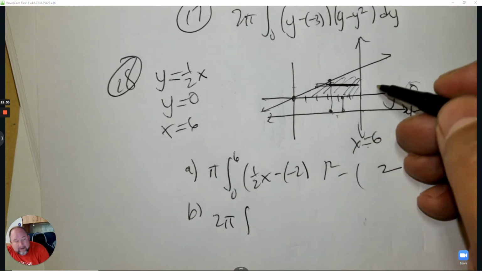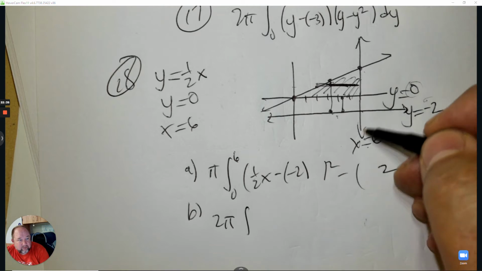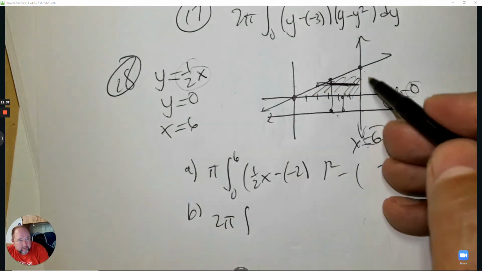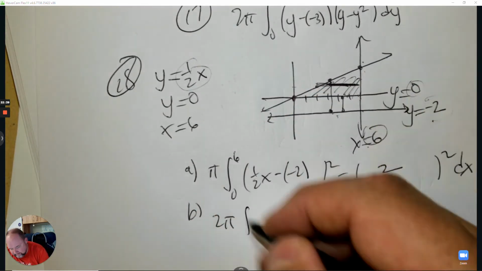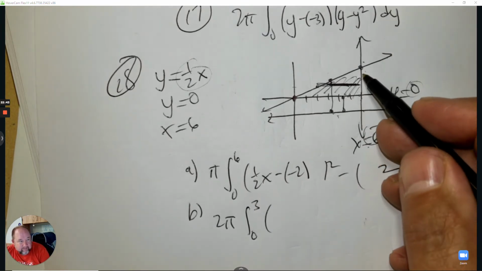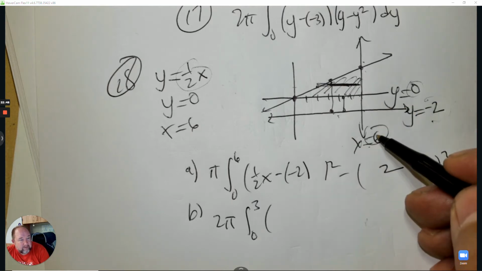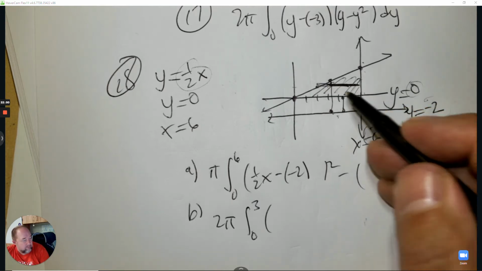So the y value here compared to here: if I go 6 times 1/2, that's 3. So it goes 0 to 3. The radius is right subtract left. So that would be 6 subtract y.